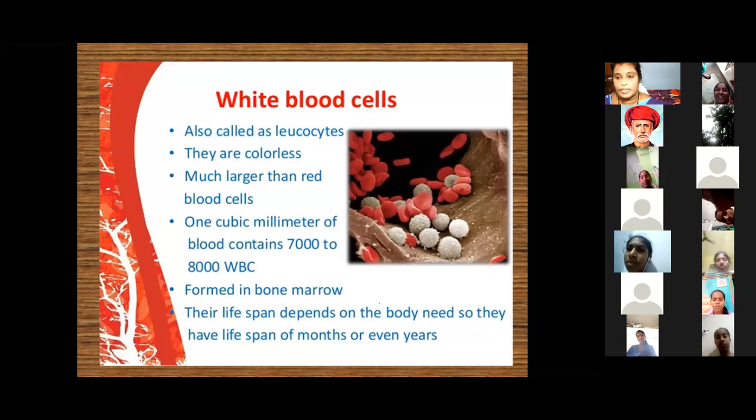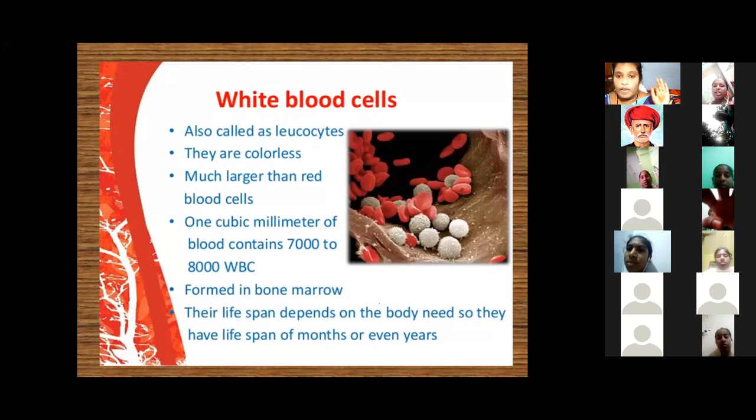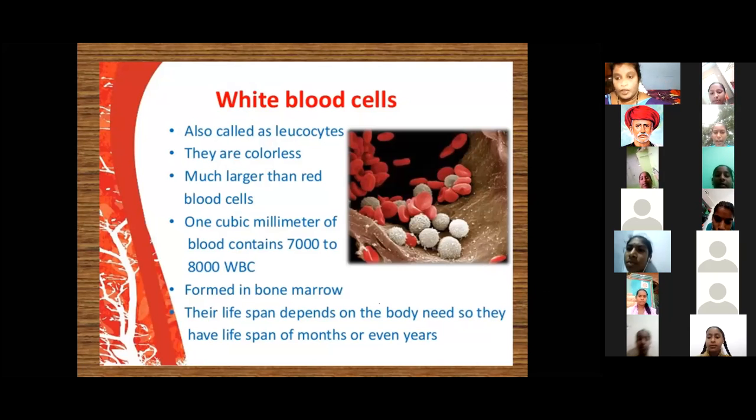Another kind of blood cell is called white blood cells. Another name for white blood cells is leukocytes. Red blood cells, another name is erythrocytes.